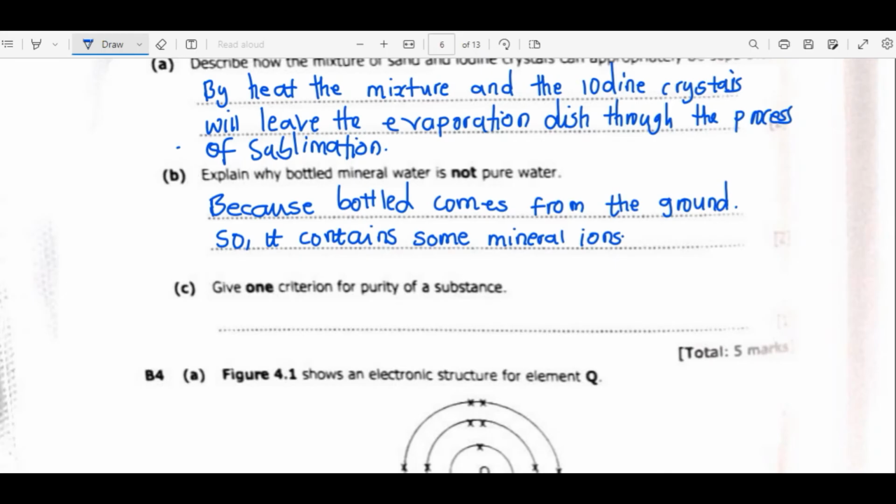So water that contains ions is the type of water that has the ability to conduct electricity. But the pure water, the distilled water, cannot conduct electricity according to the concept of science.